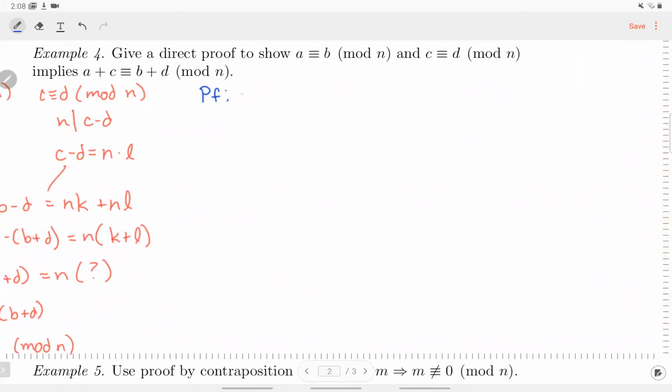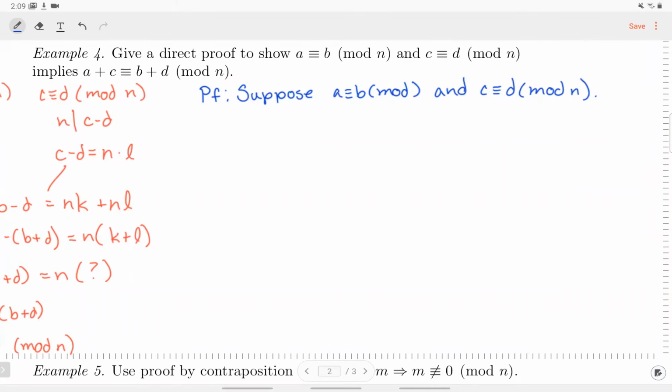Proof. Suppose A congruent to B mod N and C congruent to D mod N. Now, you can write in both steps that the definition of modulo means N divides these.